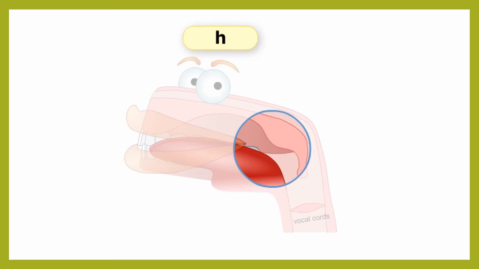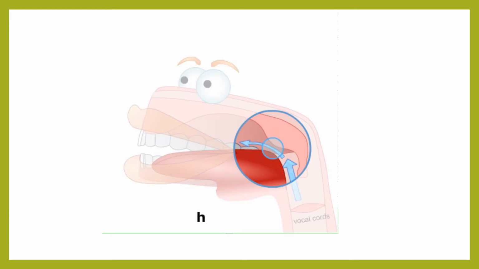It's really totally different. You see, all the air is coming from the back of your throat. There's nothing in your mouth at all. It just takes practice to be able to say this sound. Thank you, Juna.